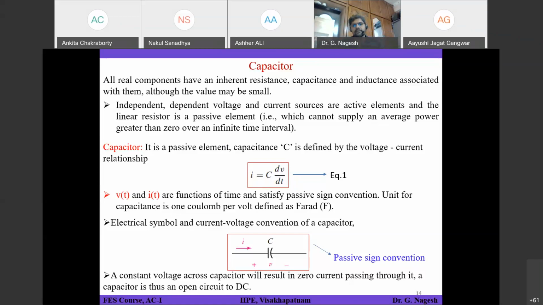So for DC, the current is zero, which means it acts as an open circuit. Clear? So this is regarding passive sign convention and the basic relation of voltage and current across the capacitor terminals, given by equation 1.